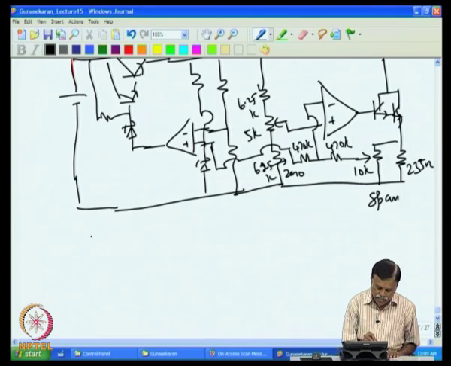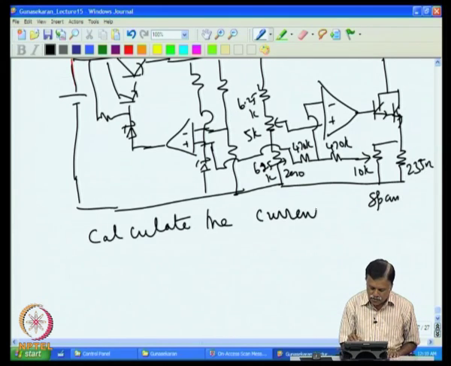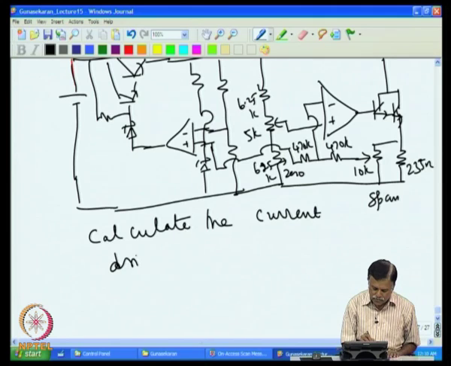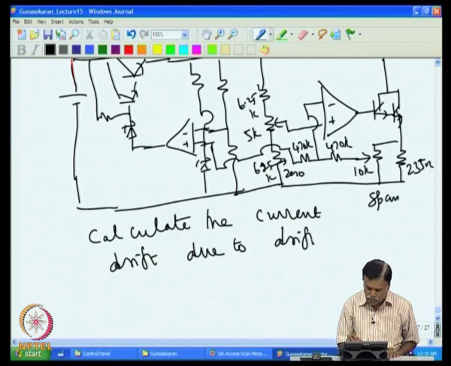So, we calculate the current drift due to drift in, say, this resistance R7.